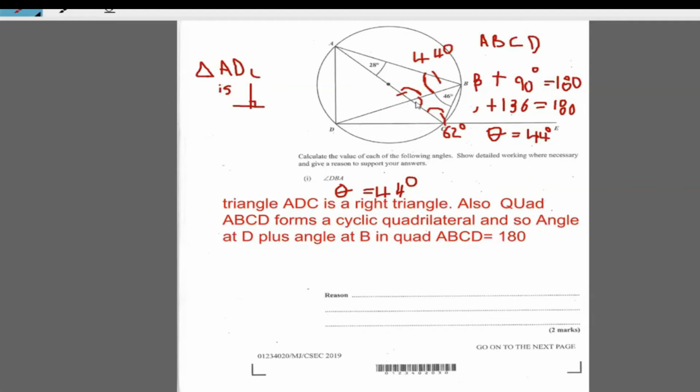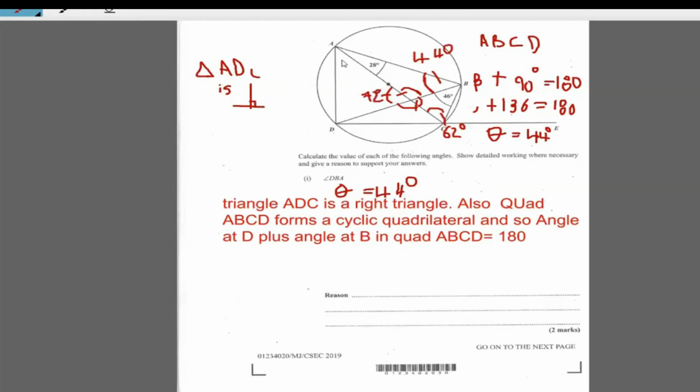So this angle is 72, and this angle is 108. So this is 108, and this is 108, and this is 72. And so this is also 72. All right, this angle is also 72. This angle is also 72.